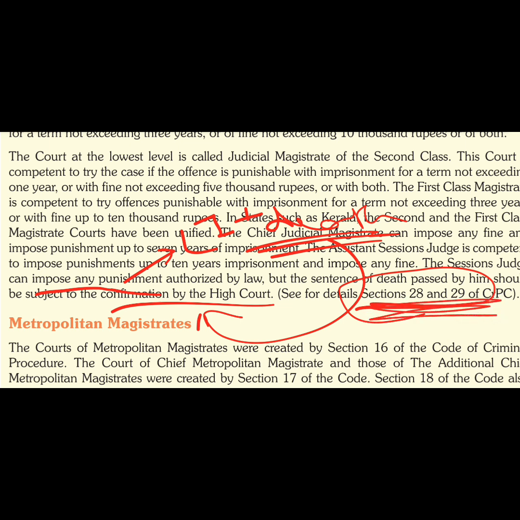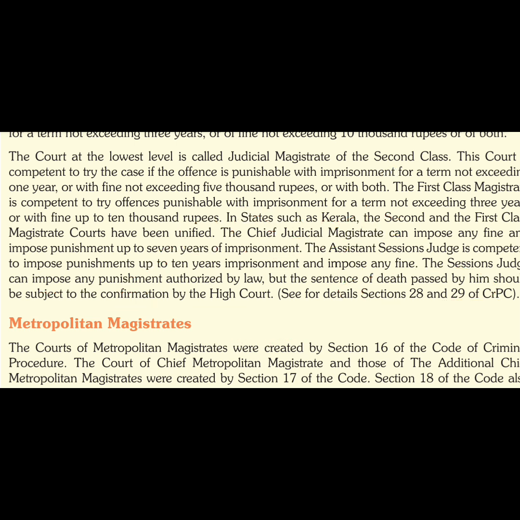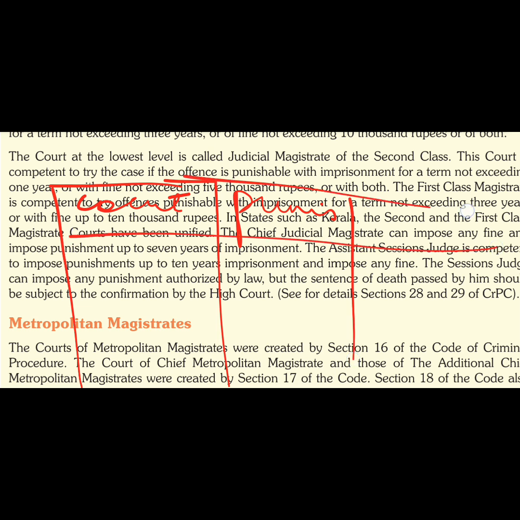Okay, so one thing that you have to do in this is make a chart: write down court, write down punishment, and in another column write down the fine that it can impose. You can also write the level, as in level of the court.